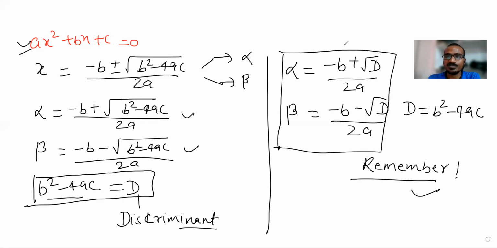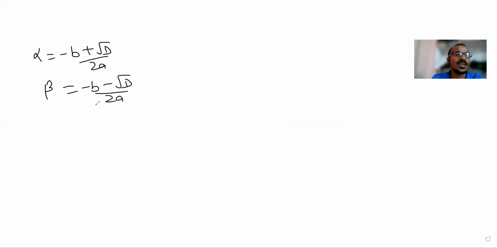Now what have we obtained? We have obtained two roots, alpha equal to minus b plus root D by 2a and beta equal to minus b minus root D by 2a. Here D is equal to b square minus 4ac. Now we are interested in discussing the nature of roots.